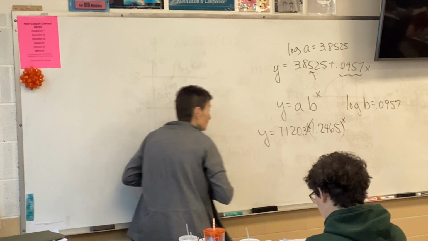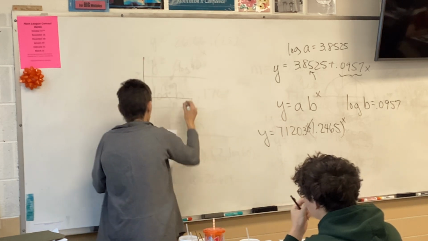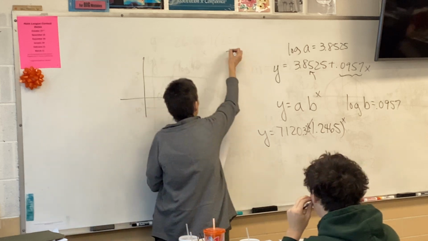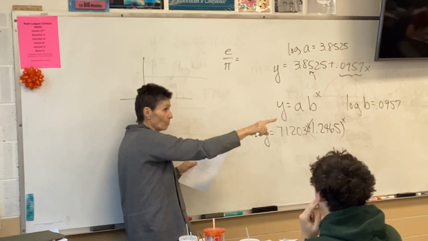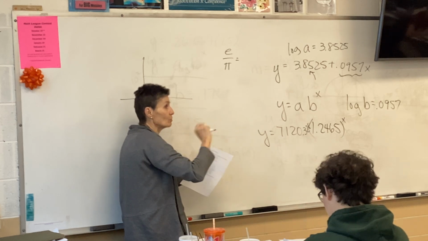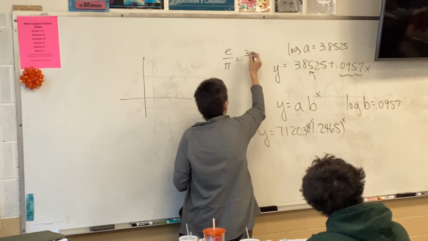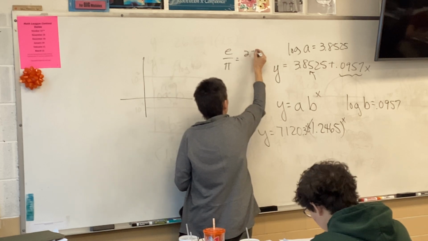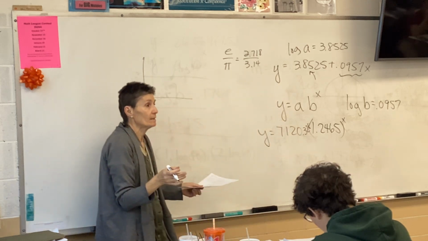The base, exactly. I have to look at my base. Now, my base is e over pi. What's e? 2.718. Bingo. And pi is 3.14. So it's 2.718 over 3.14.